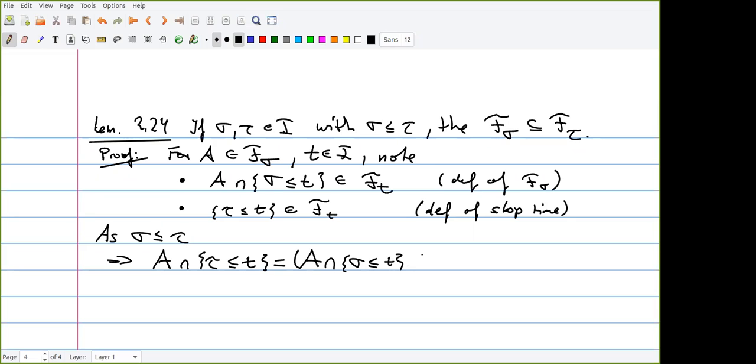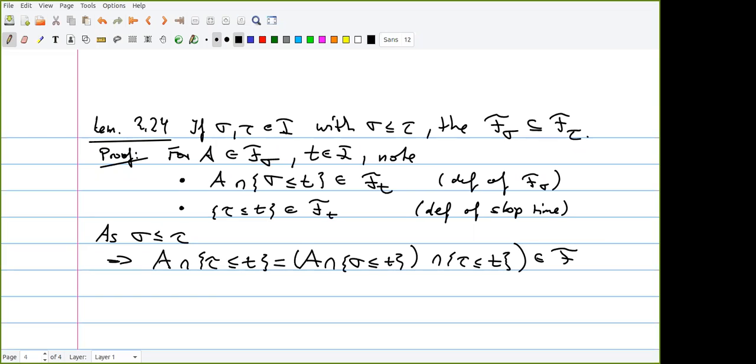This is a strictly bigger event than the event tau being less or equal than t, right? Because the stopping times are ordered. So we intersect first with the bigger set and then with the smaller one. So this changes nothing.